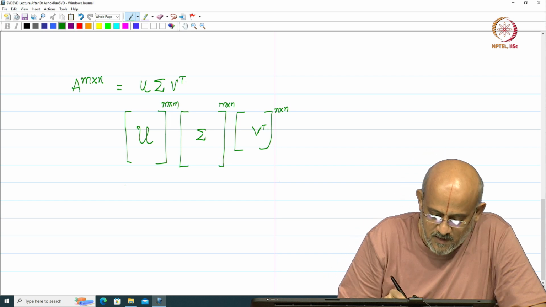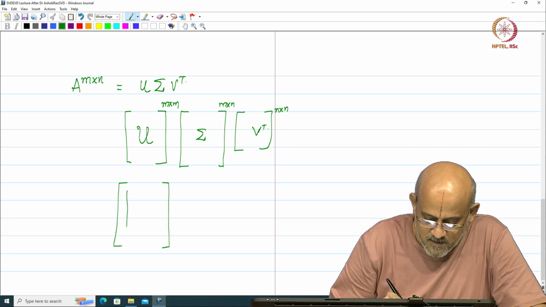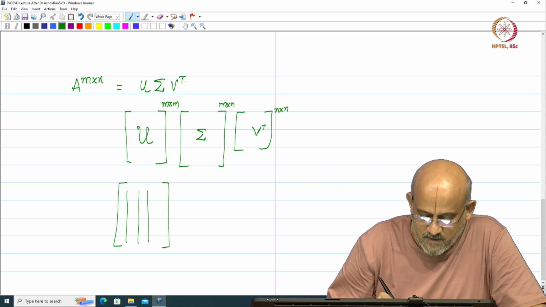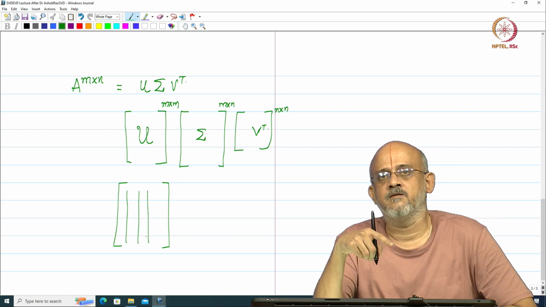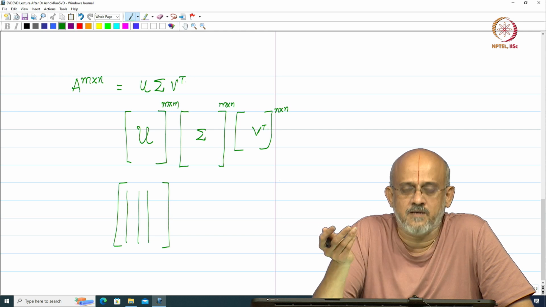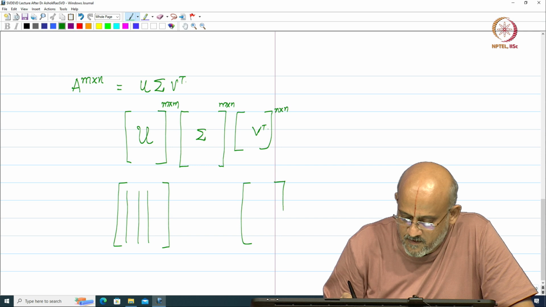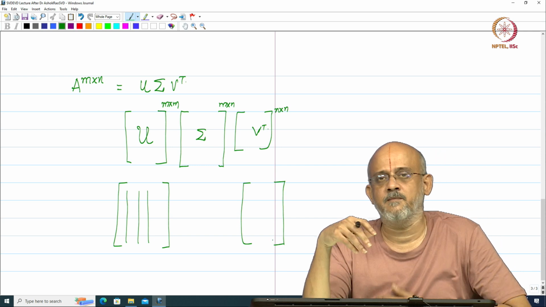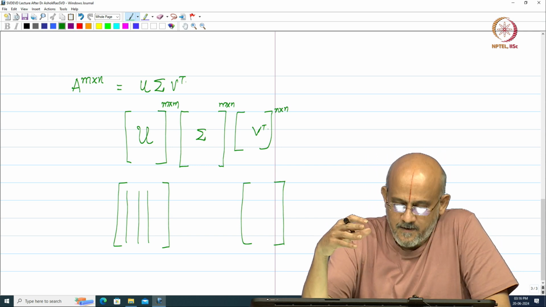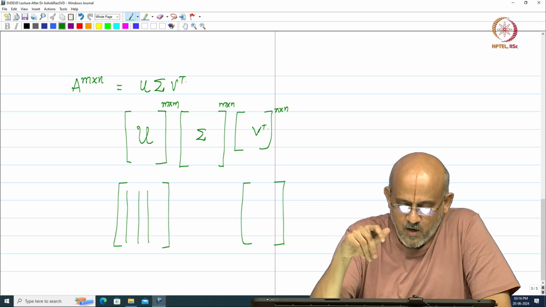Now, if you look at this, the U vectors are all the eigenvectors corresponding to the non-zero eigenvalues of A transpose A. And V is basically the set of orthonormal eigenvectors corresponding to the non-zero eigenvalues of A transpose A, and so on.